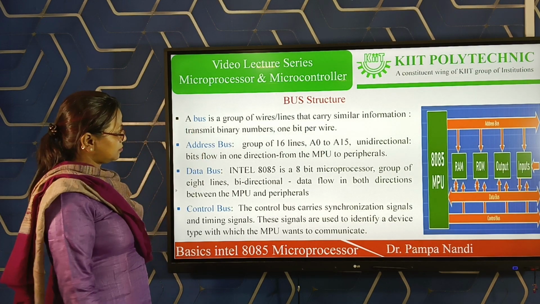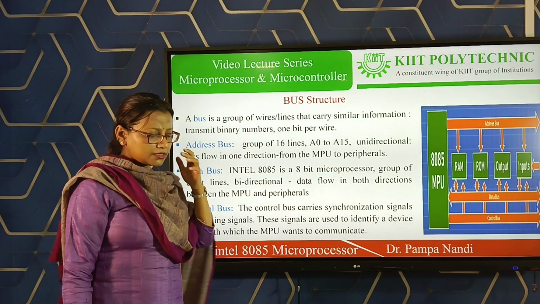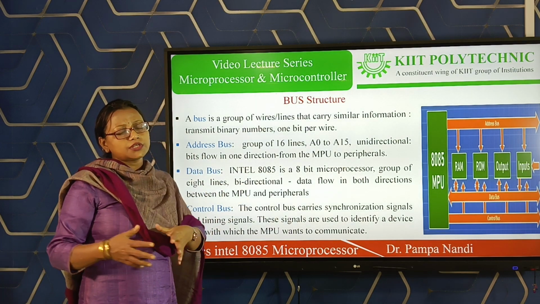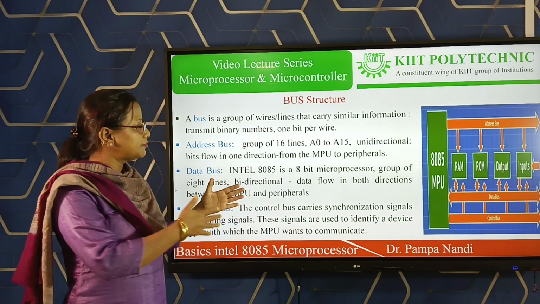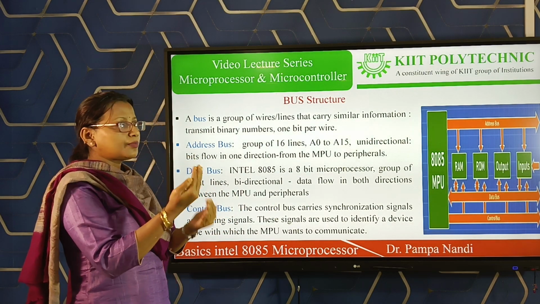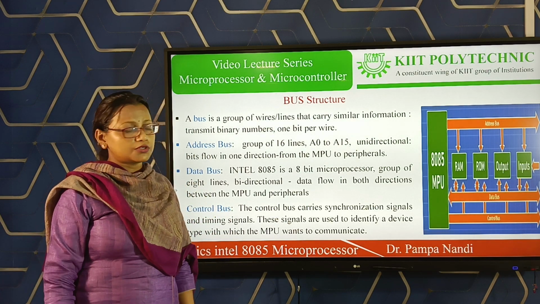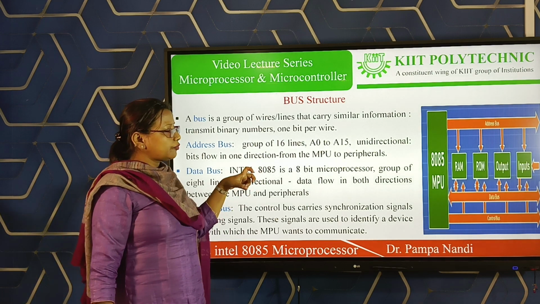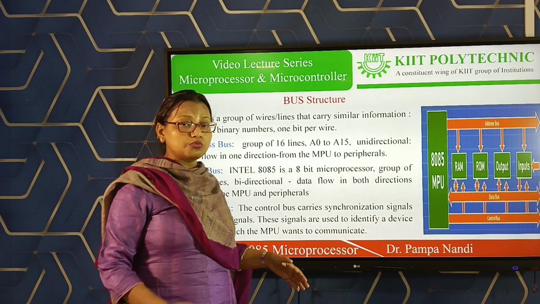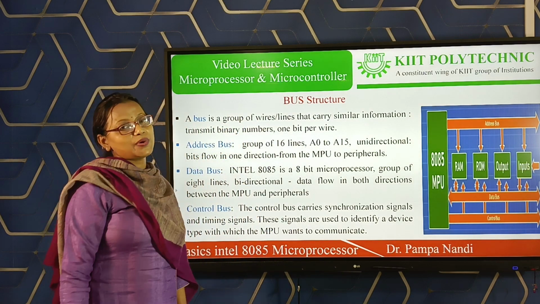Now the bus structure. As I have said, the microprocessor gets input and output and is connected to memory everywhere. So how does information come to the microprocessor and how does it pass from the microprocessor? The microprocessor is connected to the outside of the chip through the buses. Then what is the meaning of bus?